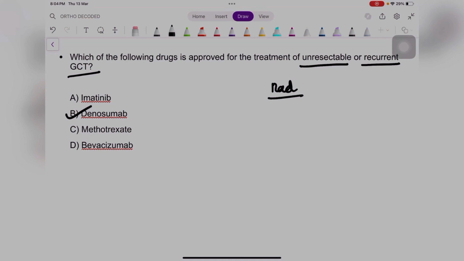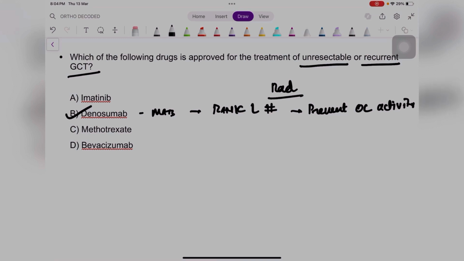Why denosumab? Denosumab is nothing but a monoclonal antibody, which is a RANK ligand inhibitor, which will prevent the osteoclastic activity and resorption. So thus it helps in GCT.